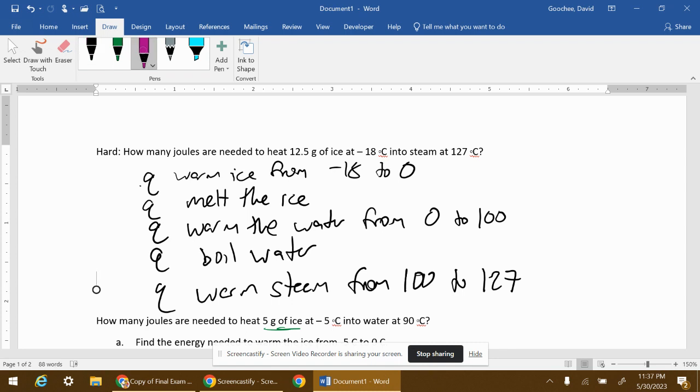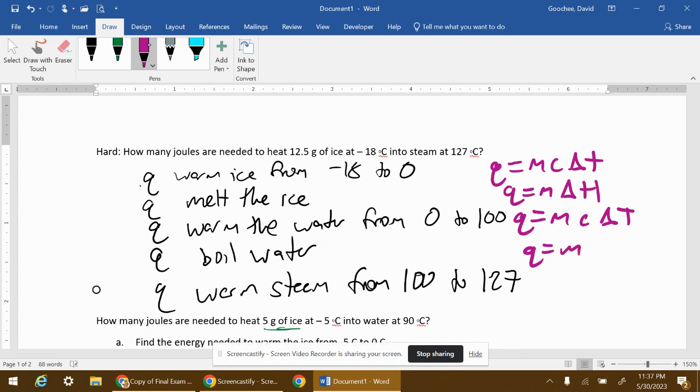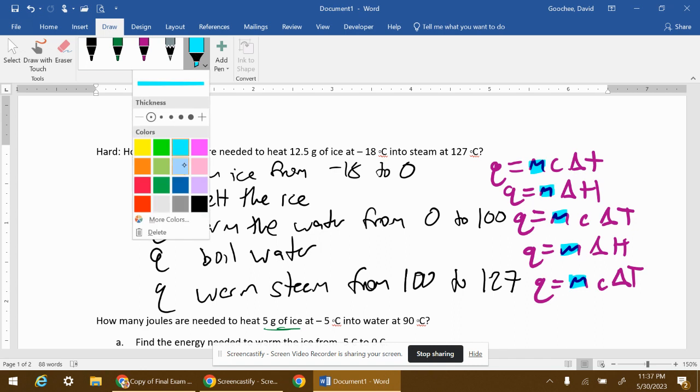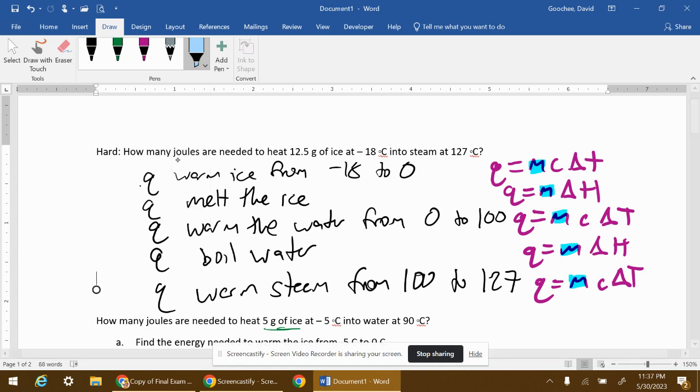It's just a lot of steps. It's a Q equals MC delta T, followed by a Q equals M delta H, followed by a Q equals MC delta T, then a Q equals M delta H, and then a Q equals MC delta T. In every case, the mass is the same, but the specific heats are different depending on what you're dealing with.